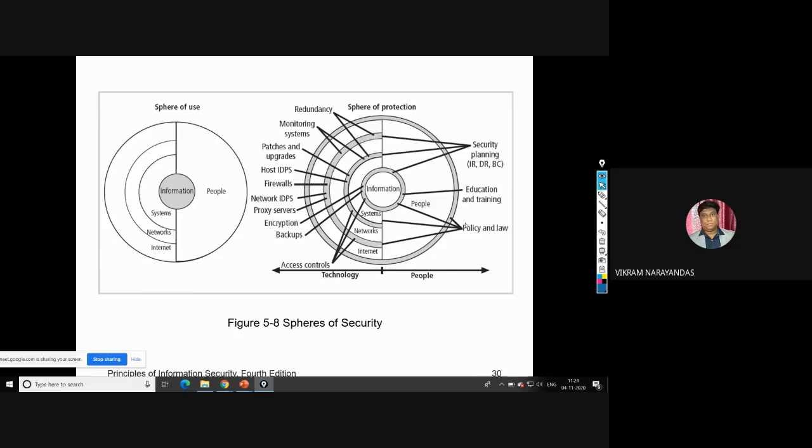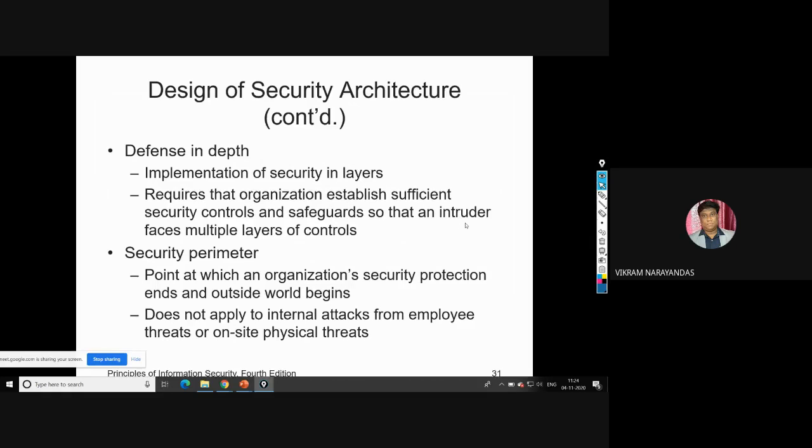So defense in depth, we discussed in the design of security architecture, is the implementation of security in layers, which requires that the organization establish sufficient security controls and safeguards so that an intruder faces multiple layers of control here.